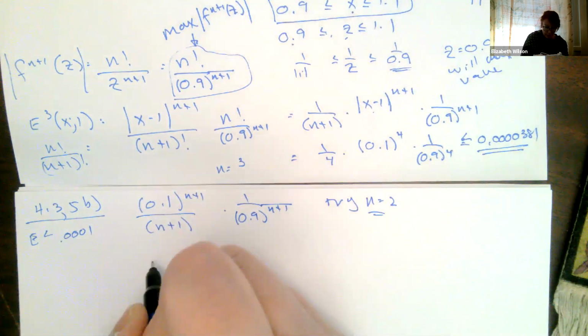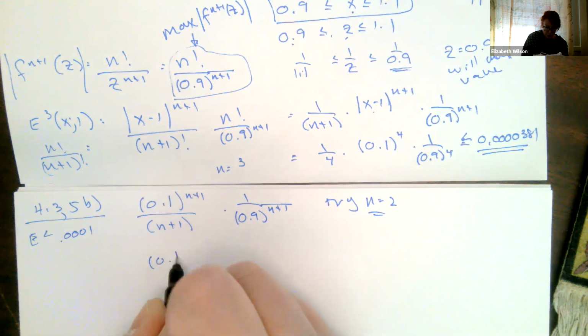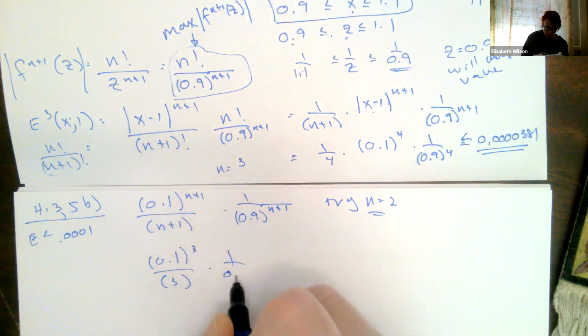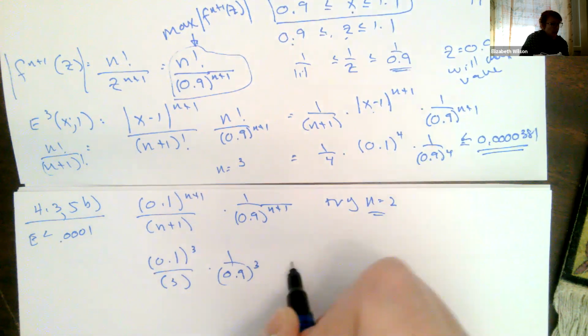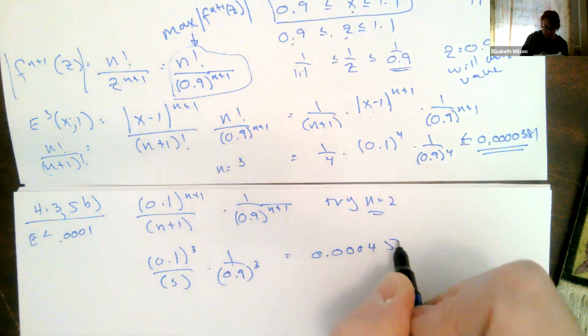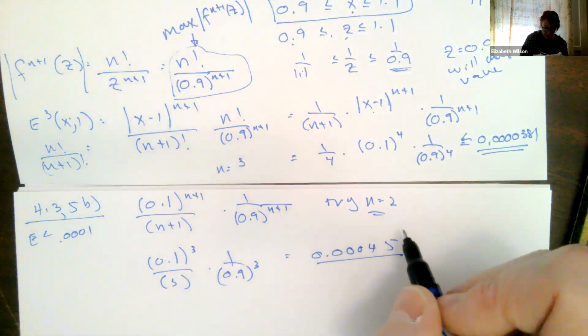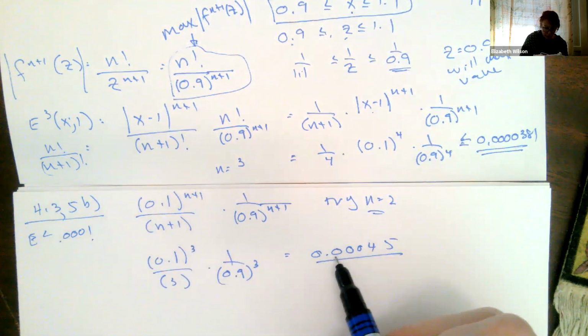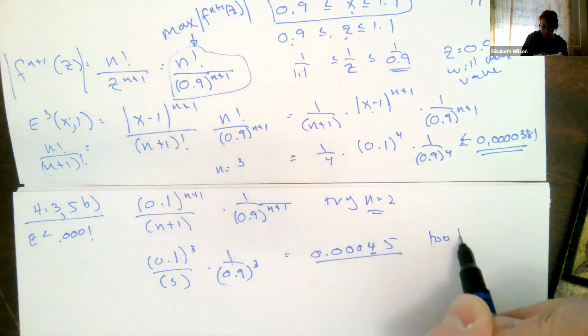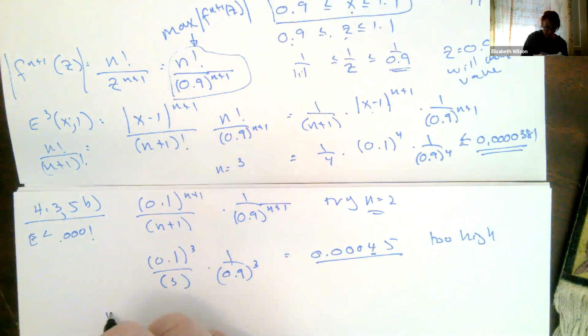So I'm going to plug that in: 0.1 to the 3 all over 3 times 0.9 to the 3. And what did I get for that? 0.00045. Well, they wanted it to be less than 0.0001. I got 0.0004, so this is too high. So I'll keep it at n equals 3.